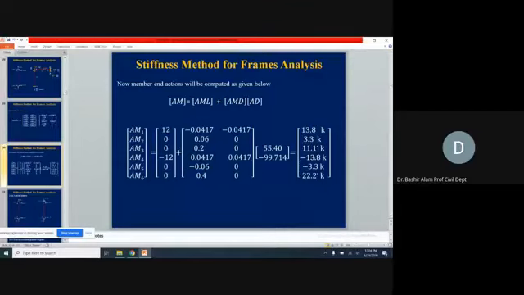At joint B, 13.8 is in the downward direction, this 3.3 is leftward directed, and 22.2 is again in the clockwise direction.